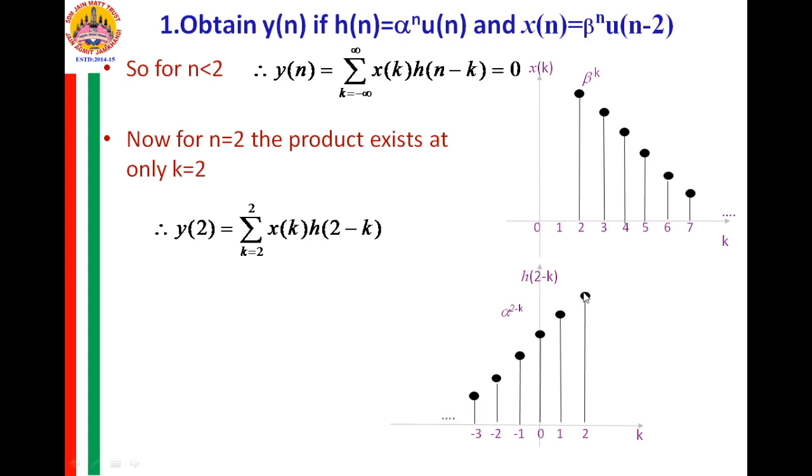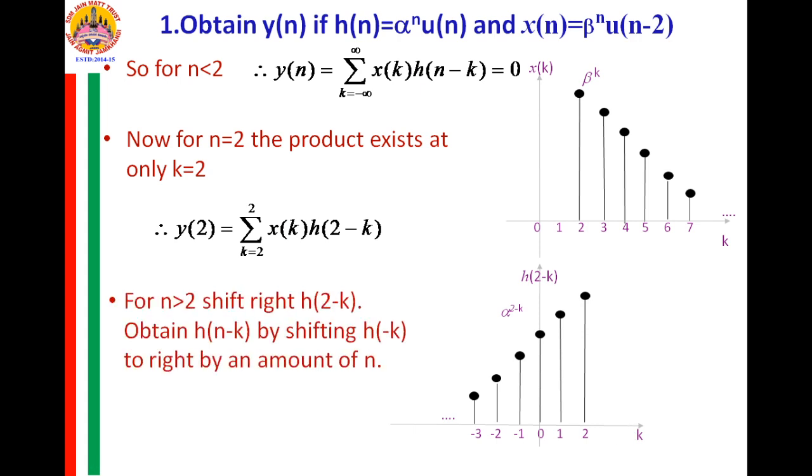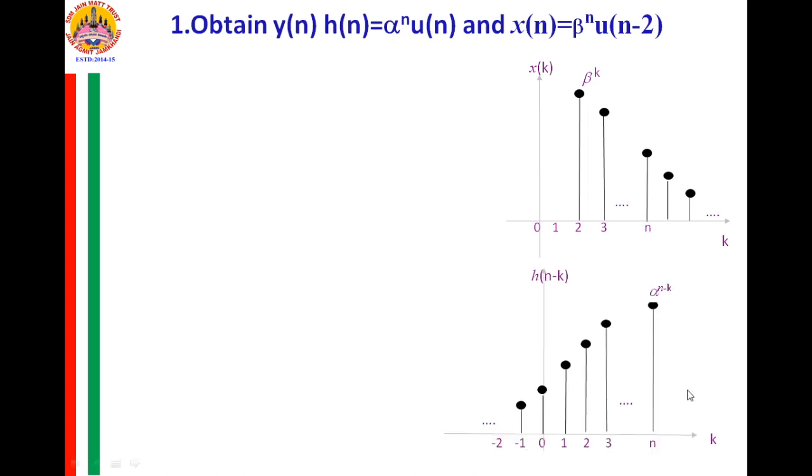What is the right end? So for n is equal to 2, the right end will be 2. If n is equal to 3, the right end will be 3. If n is equal to 4, the right end will be 4. If n is in general, h of n minus k, then the right end will be what? The right end will be n.